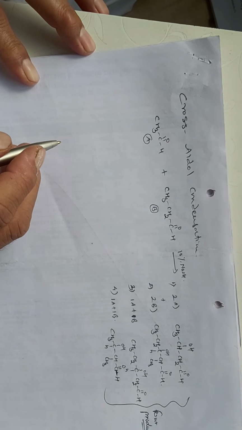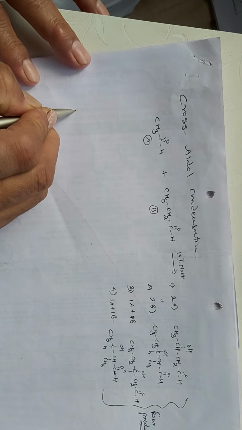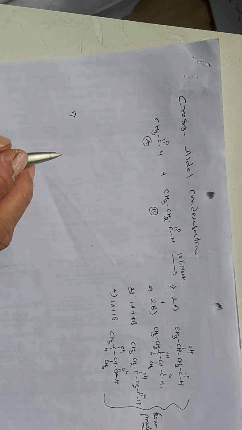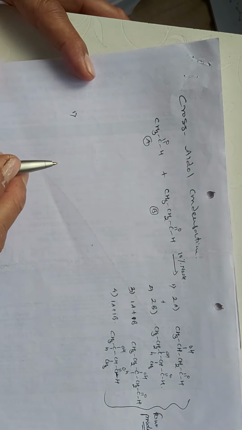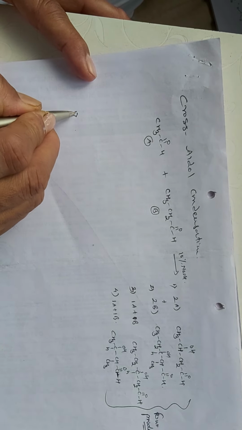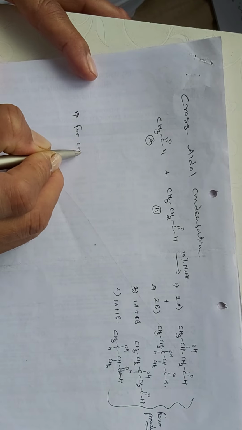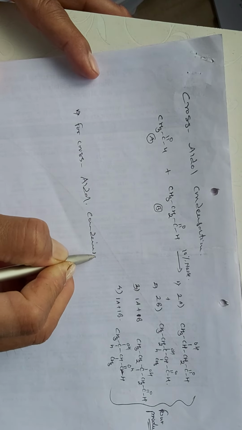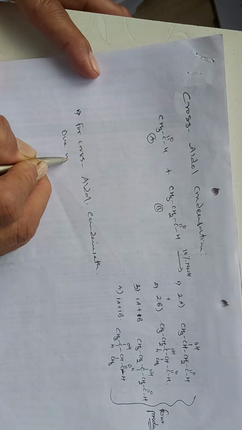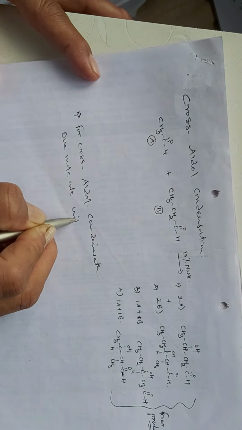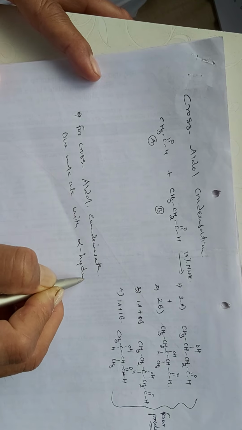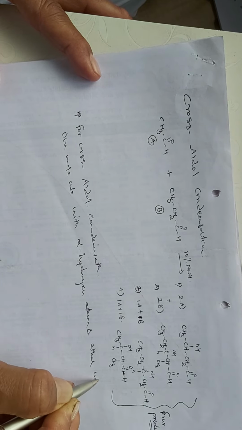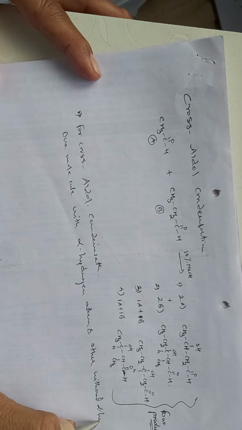So whenever you want to carry out a cross aldol condensation, for a good yield, one molecule must be one with an alpha hydrogen atom and the other without an alpha hydrogen atom.